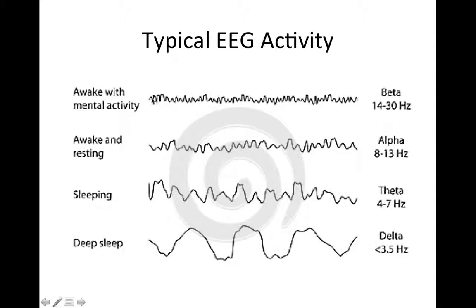So we read these by time, and this is activity that's going on in the cortical areas. And as you can see, as you start to rest, it fluctuates a lot less. So when you start to sleep, you see this sort of activity, the theta frequencies, and then in deep sleep, what we see is very slow wave. We even call this slow wave sleep. These waves are really slow and really big. These are delta frequencies.